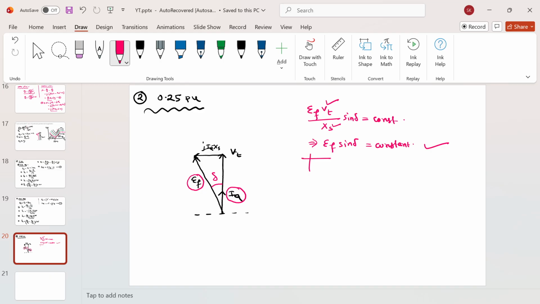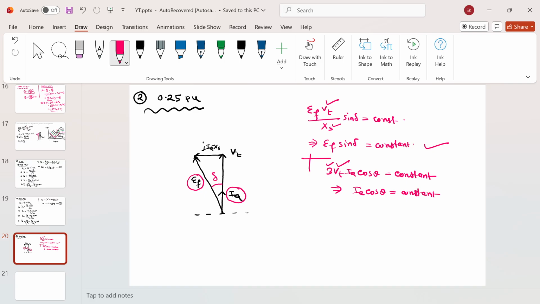And one more condition, from the terminal point of view, I have this 3 VT IA cos theta equals constant. This is the active power, right? Terminal voltage is constant, 3 is anyway constant, so my IA cos theta needs to be constant for constant active power delivery.